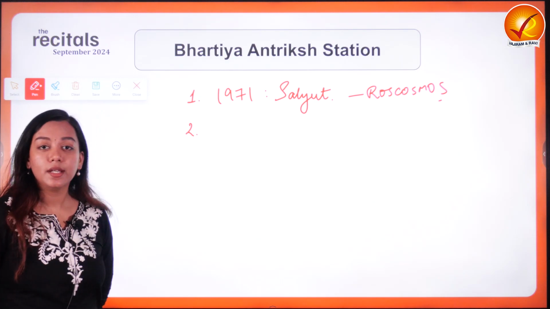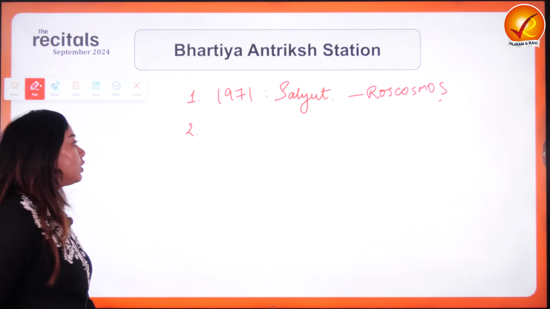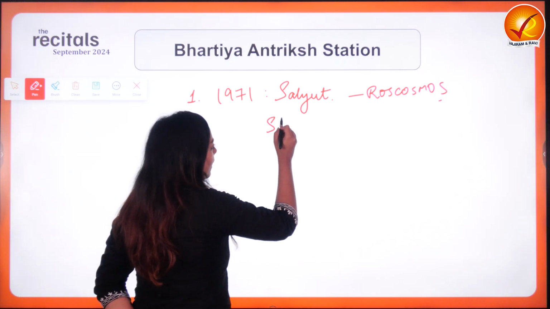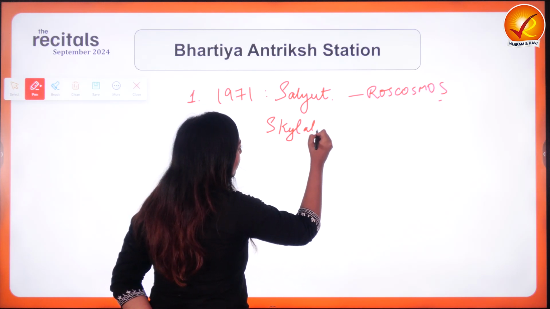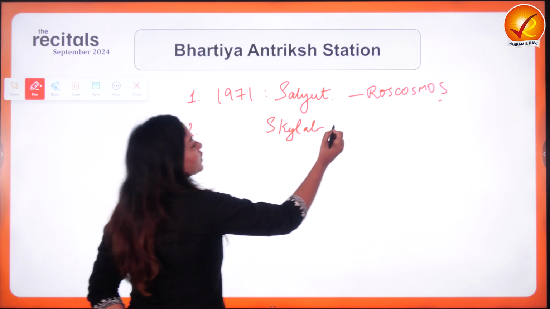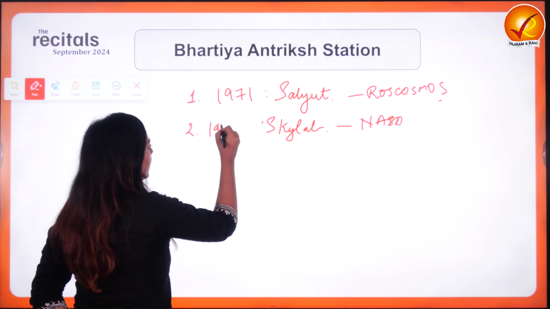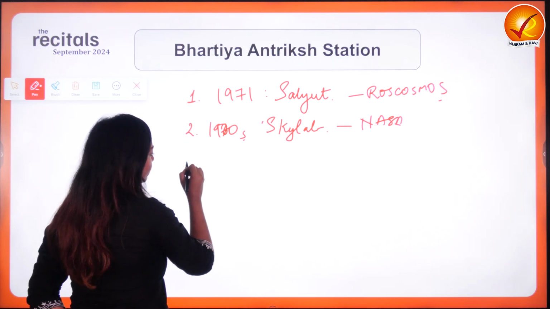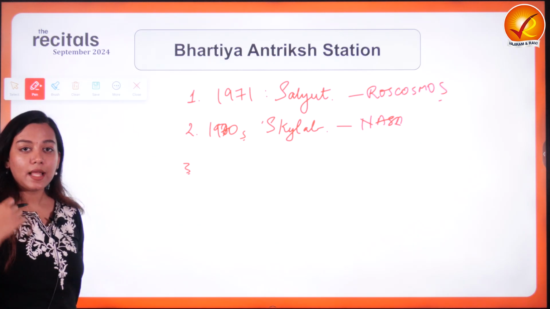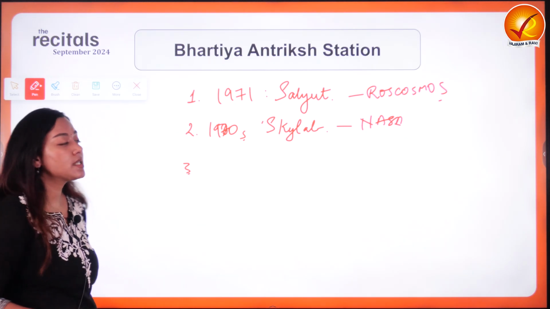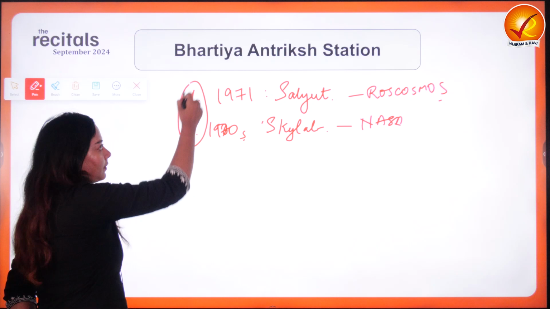Then came the USA. The USA, with its high-end technologies, created Skylab, followed by Roscosmos. This was done by NASA, again in the 1970s only. Now comes a joint collaboration, because they were having a short lifespan.